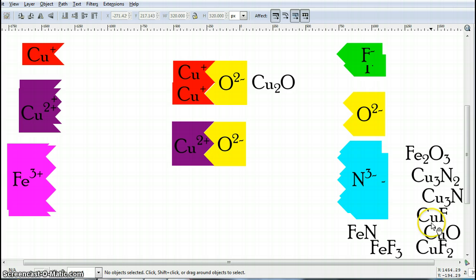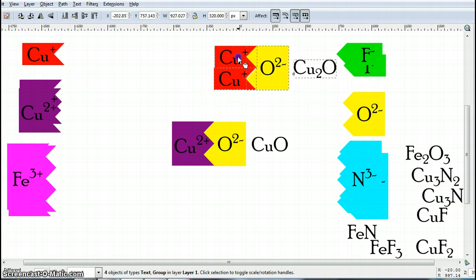This formula would be CuO. This would be the formula of copper 2 oxide. So copper 2 oxide is CuO, whereas copper 1 oxide is Cu2O. Very important to notice that the difference in these charges makes the compound that's formed different. So we have to recognize what the name is and write the formula accordingly.